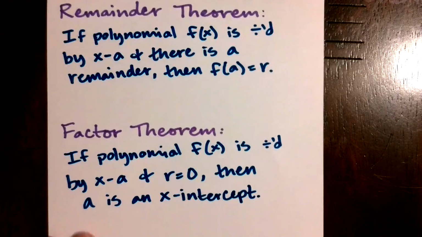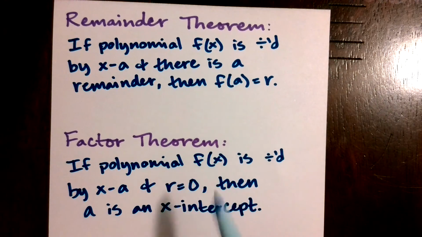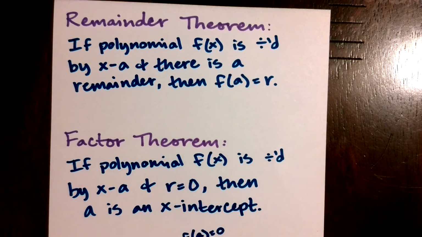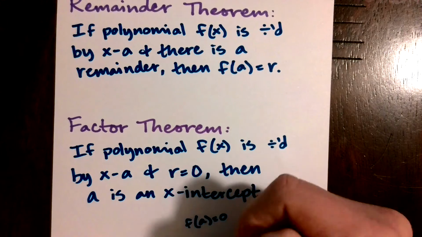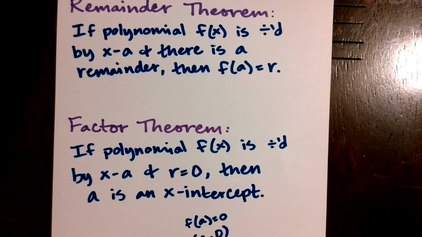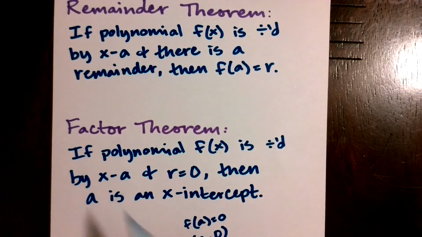So these go hand in hand, because if the remainder is f of a, and here the remainder is 0, well, if f of a equals 0, then it has to be an x-intercept, because it's the point (a, 0), that's an x-intercept, or a root. And I also know x minus a, this is why it's called the factor theorem, would have to be a factor if a is an x-intercept. So this is a big deal whenever we're working through synthetic division.